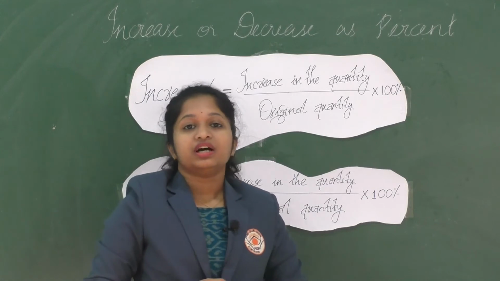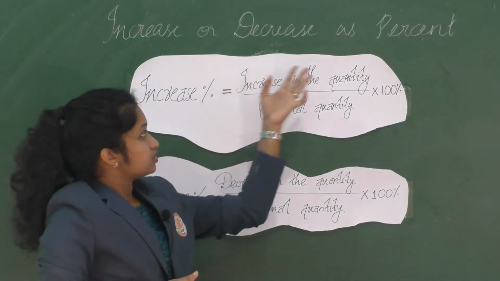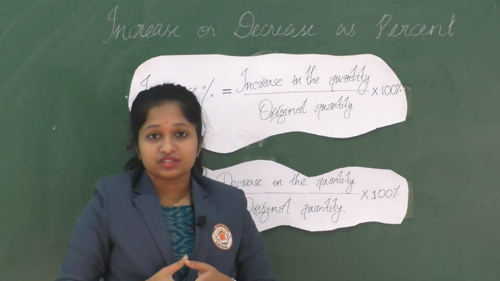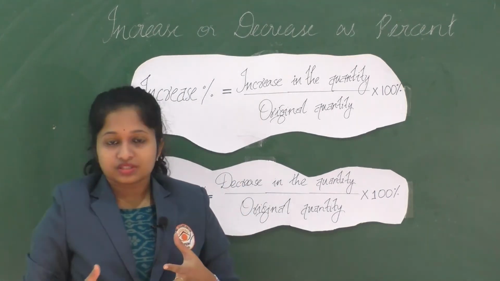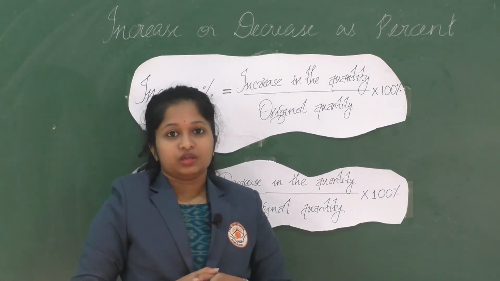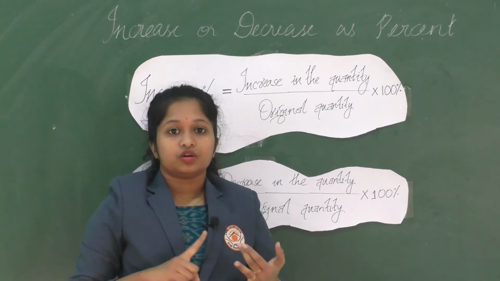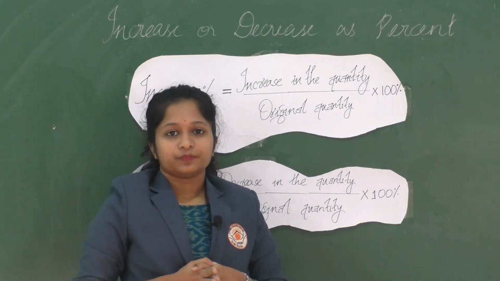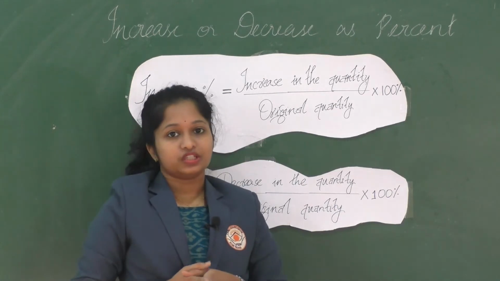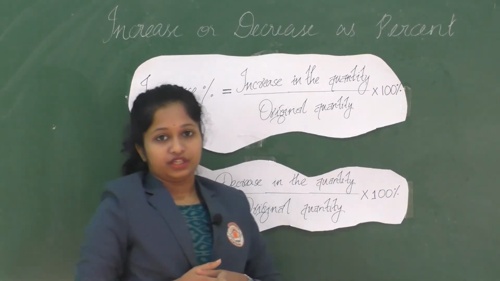So children, our next topic is increase or decrease as percent. For our convenience, the increase or decrease is mainly expressed in terms of percentage, maybe for population or salary or whatever it is. In order to find the increase percent and decrease percent, there are two formulae.